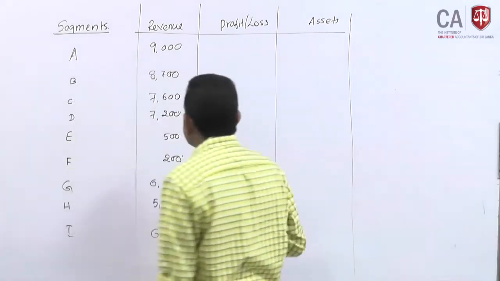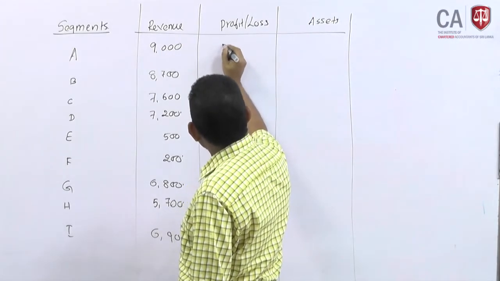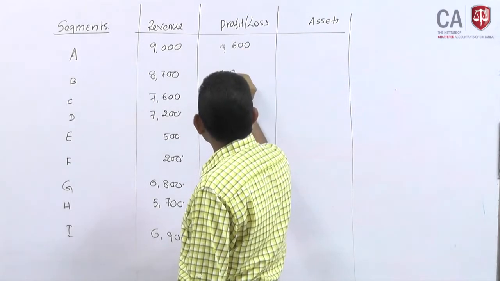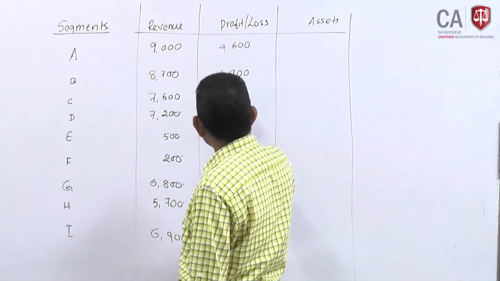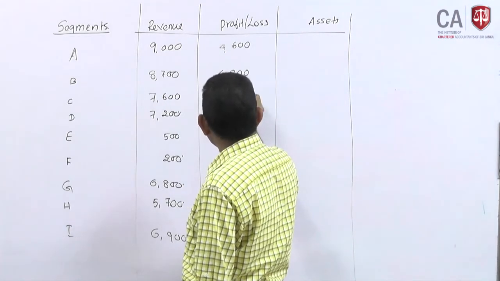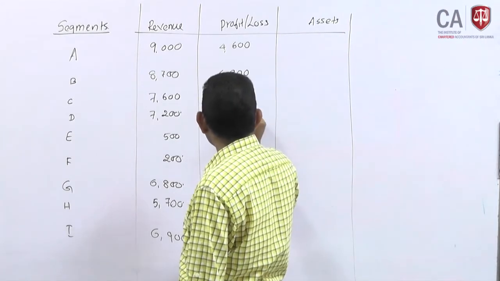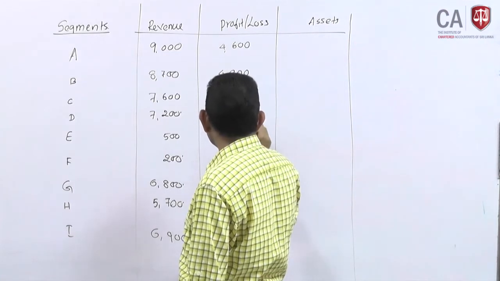Profits and losses. Here the profits are 4600, 4900, this is 3700, and there is a loss of 2100 here, and there is a loss of 1600 here.